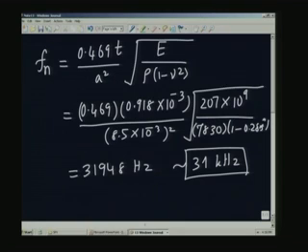You can see right here, if the thickness decreases, this will decrease, thickness increases, it will increase, and A squared is appearing in the denominator, so the smaller the diaphragm, the higher the frequency. Therefore, you see that the natural frequency of this diaphragm is very high.